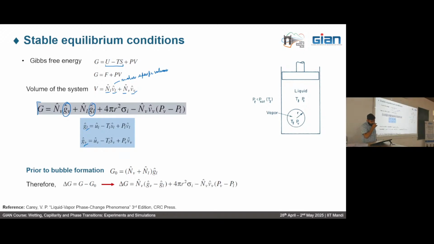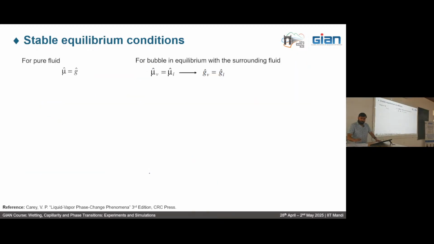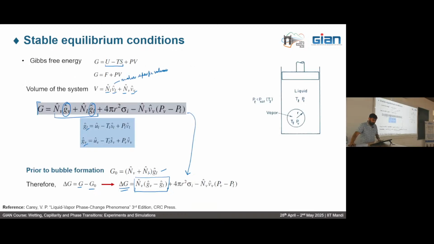Now if we try to find the change in the Gibbs energy, which is final minus initial, we get this expression: delta G is equal to NV times (GV minus GL) plus 4 pi r squared sigma. I've simply subtracted this equation from this equation, so we get a much simplified expression, where we don't have the term NL GL anymore.